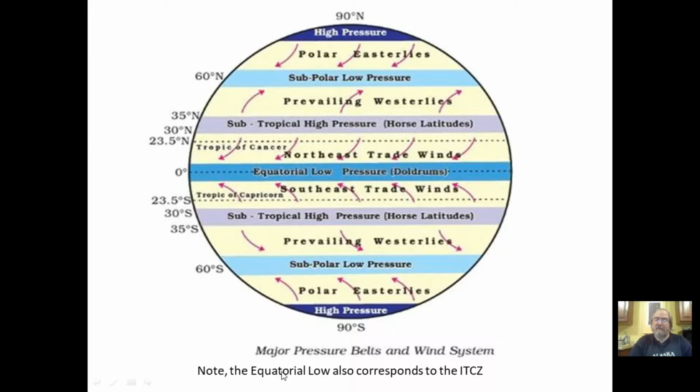I also want to note the equatorial low also corresponds to the intertropical convergence zone. As we'll see, it's converging because of the air being pushed this way and the air being pushed this way. If you remember from the ENSO slides, this is going to drive the water to the west, piling up the water here, and depending on what state of El Niño ENSO you are in will determine what the conditions are for the rest of the Pacific.